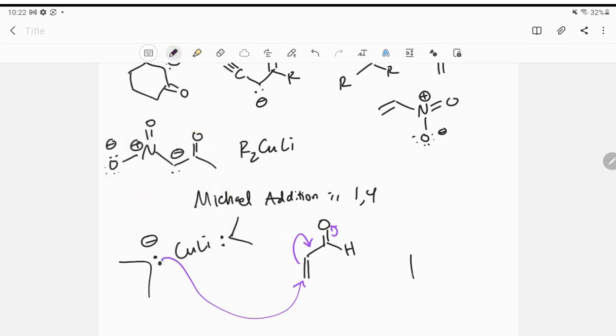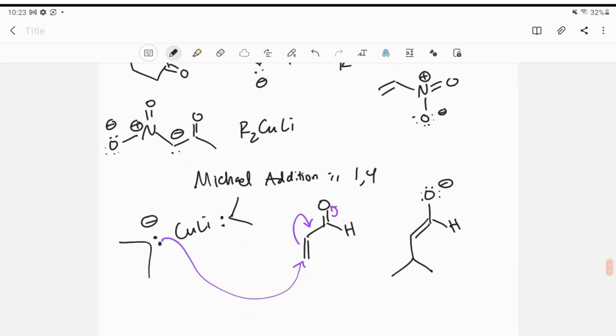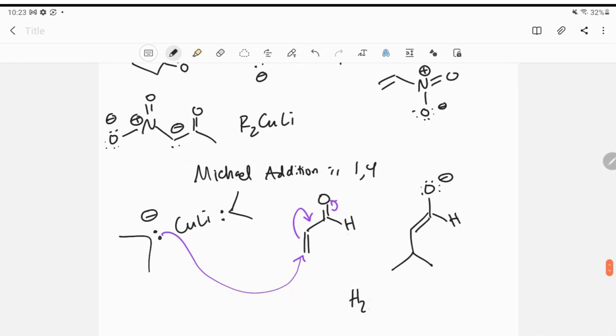And so if we think here, we've added now this isopropyl group, and we have an enolate. The enolate, this is going to be taking place in water later on, so that's going to just chill there. We have our enolate. Once we put it in, we can add some water or some acid.